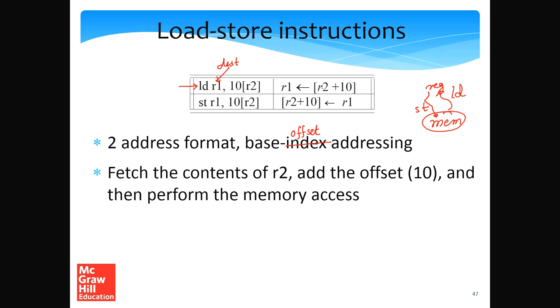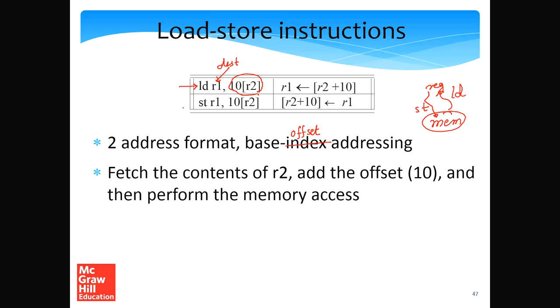We take register R2, we add 10 to it, we get a new memory address. We access the memory using this address, read the contents and put it in R1. So in this two address format instruction, the second operand always points to a certain memory location. The hardware's job is to read this value that is there in the memory location and put it in a register.